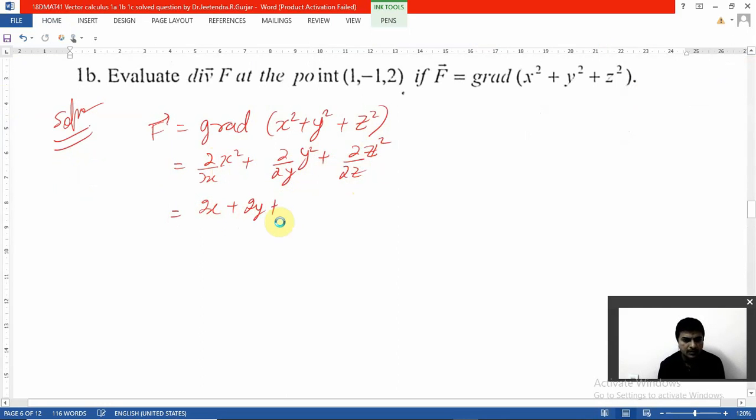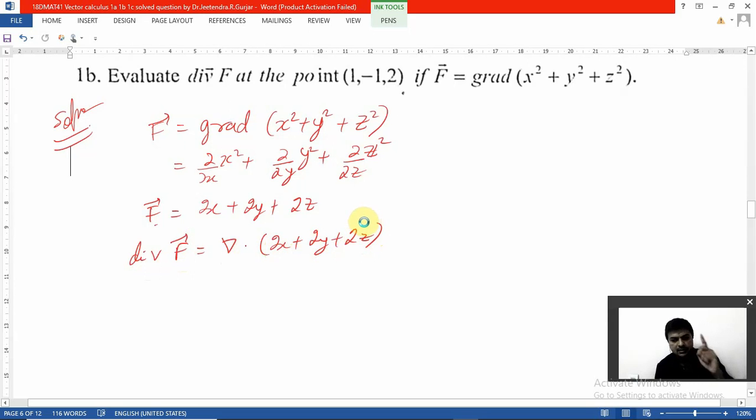So this is actually f bar, so don't get confused. Now the question here is they have given divergence of f bar, means again it is del dot 2x plus 2y plus 2z. Many students have got confused, then they don't get the marks. So here this is a shortcut and this is very direct.